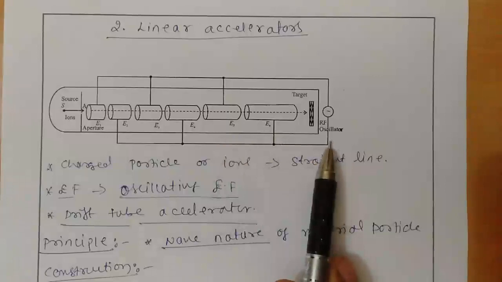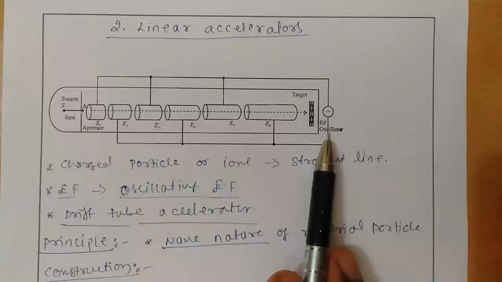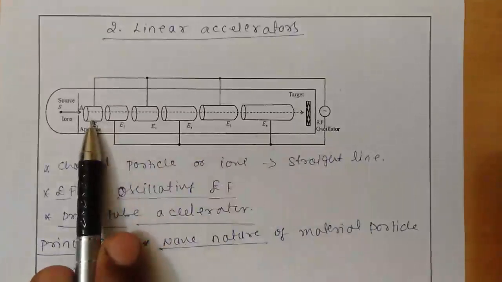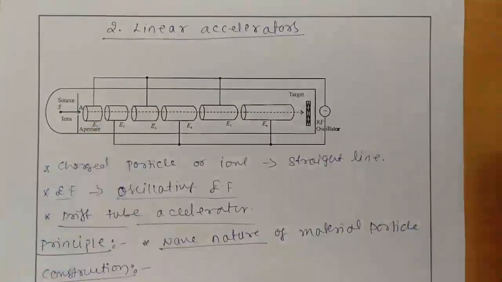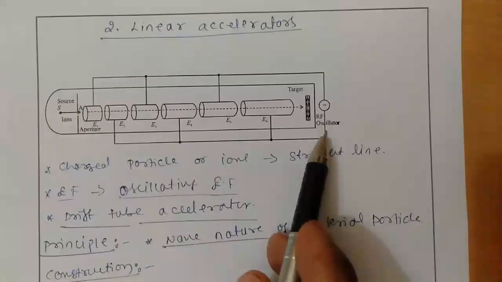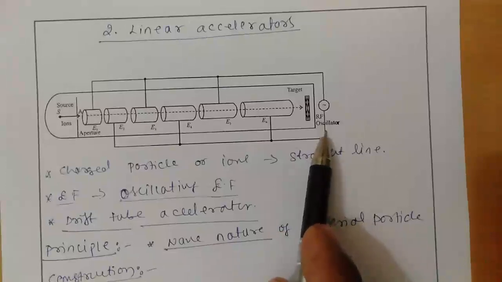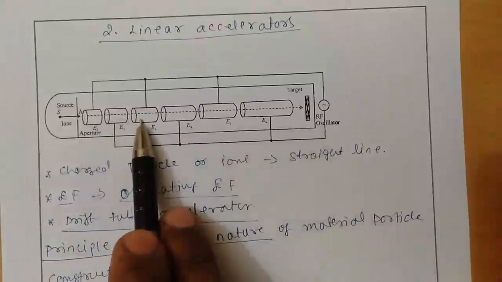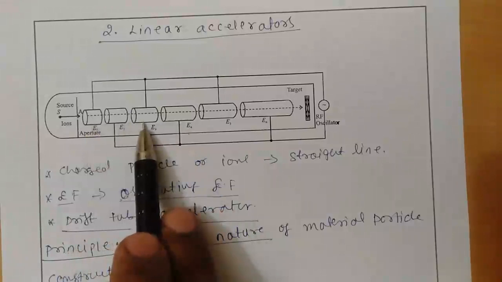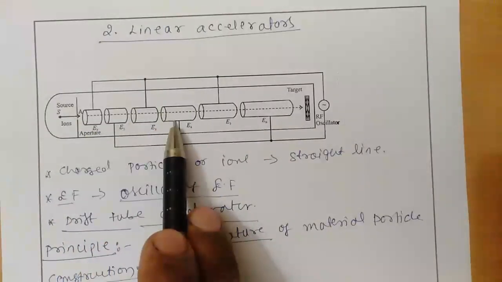Whenever the oscillator is connected to these tubes, in the first half of the cycle, if tubes 1 and 3 are positive, then second and fourth will be negative. That is, if the first and third tubes are under positive potential, then definitely the second and fourth tubes will be under negative potential. So this is in the first half.